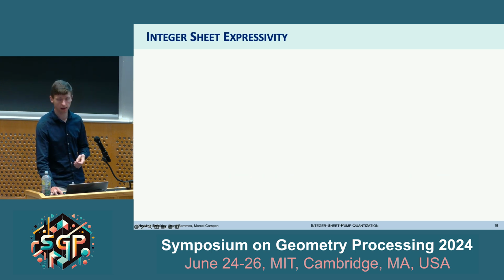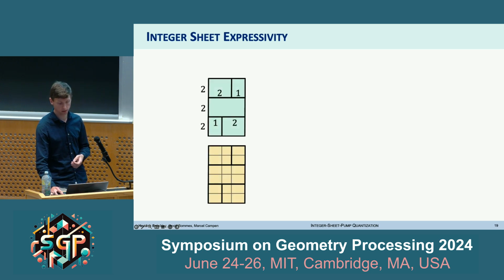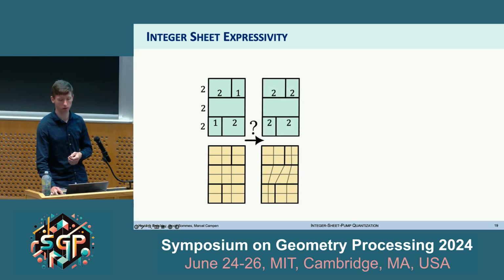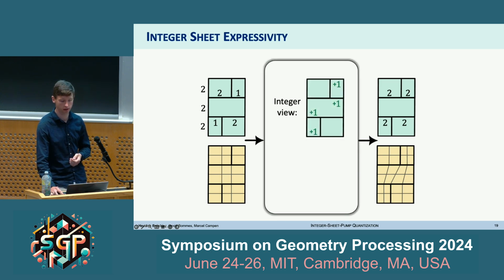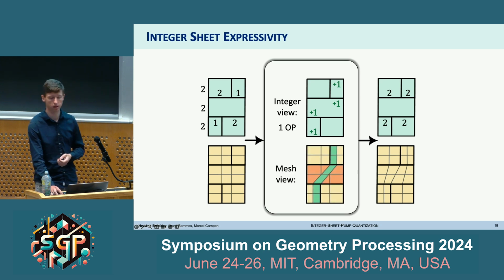And to see why that is the case, consider this example. So the top row shows a quantization and the bottom the corresponding output mesh. And how do we go now from this configuration to a similar one shown on the right? So we can handle this transition with just a single integer sheet. But trying to insert such a sheet directly into the hex mesh does not work.